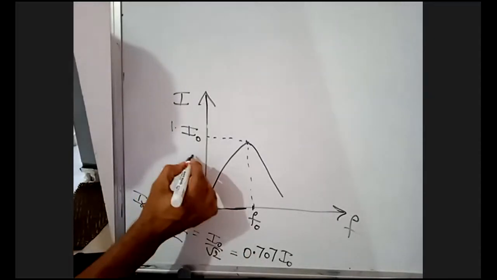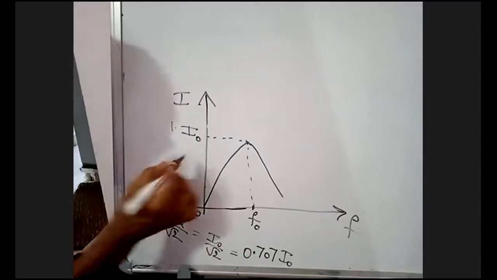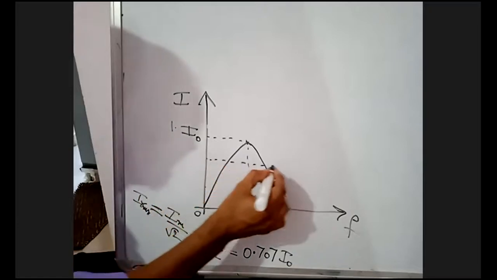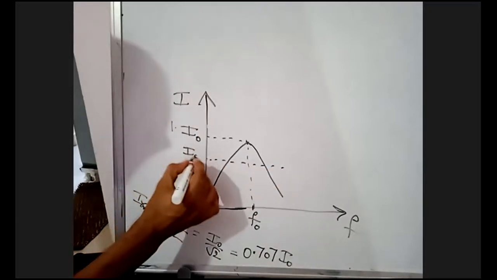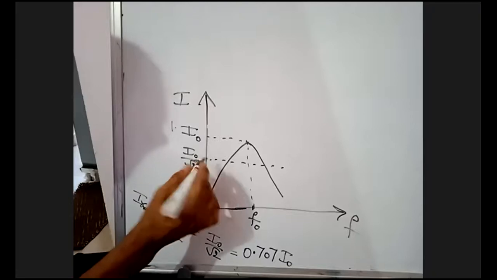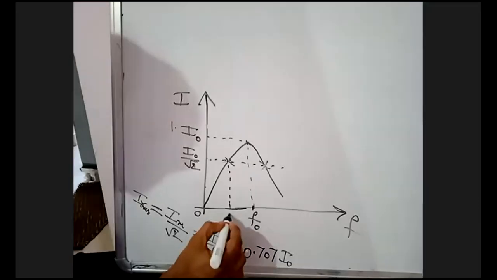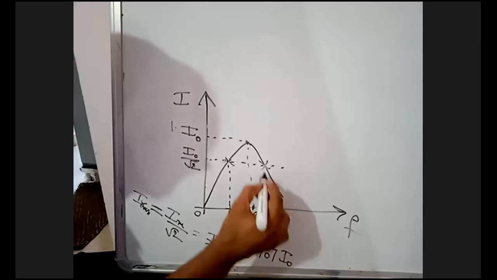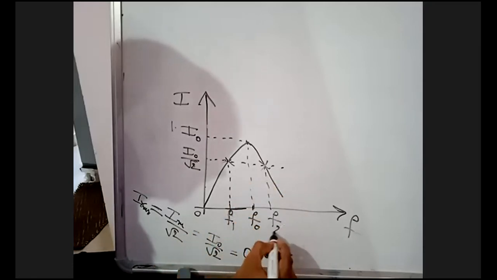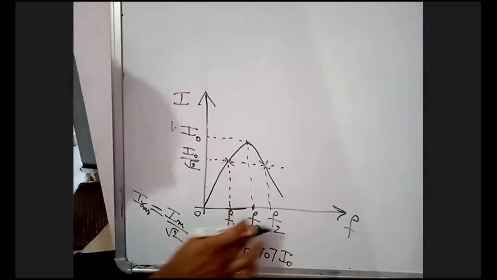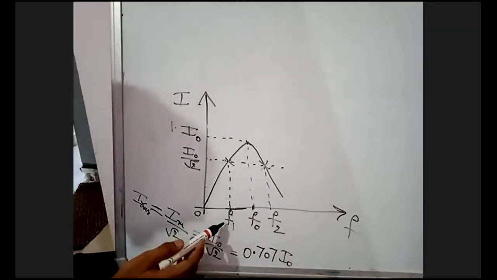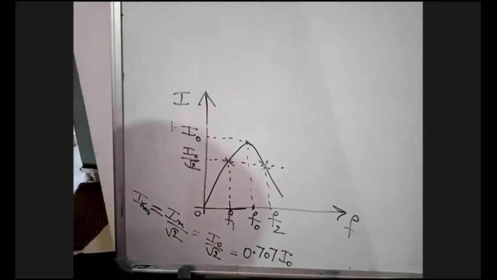So 0.707 of I0 will be here. This is the value of I0 by root 2. I am taking this point as F1 and this as F2. F1 is the lower cutoff frequency, F2 is the upper cutoff frequency.